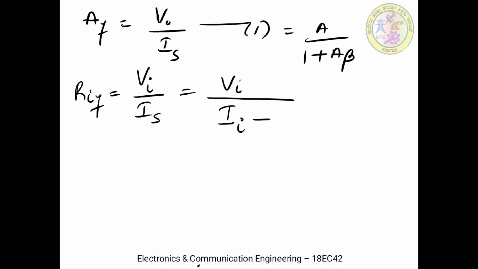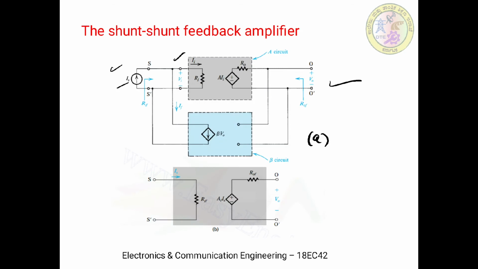Now with feedback, IS can be written as II plus the feedback current IF. But what is the feedback current IF value? Here you can see that it is beta into V0, which will be sampled to the input side.